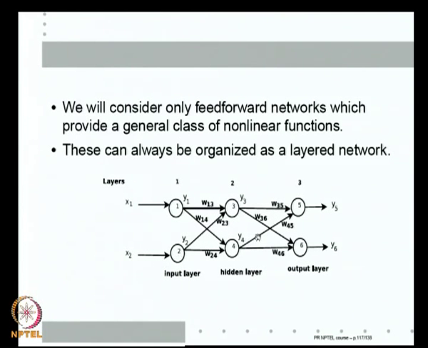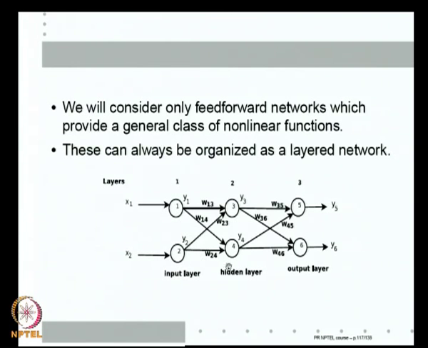By adding such dummy units, if I need, I can think of this network as always having a layer structure. I call this layer 1, layer 2, layer 3. Any neuron in any layer gets inputs from the immediate previous layer and sends its output only to the immediate succeeding layer. We call layer 1 the input layer, which takes inputs from the external system, and the last layer the output layer, which sends its outputs to the external world.